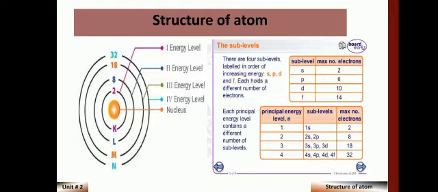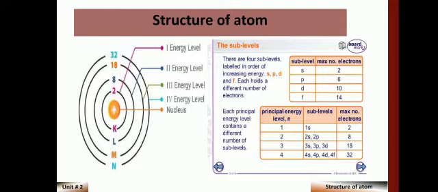The second shell, L, contains 8 electrons. M contains 18 electrons and N contains 32 electrons. We can easily calculate the number of electrons in each energy level by using the formula 2n square.